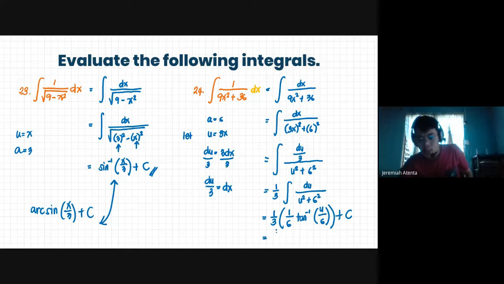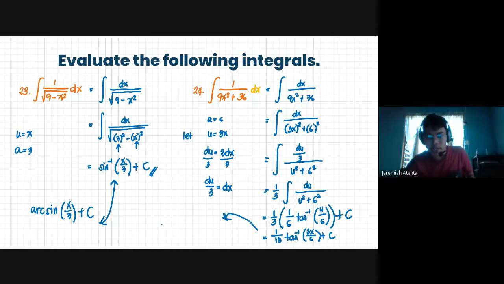Or this is just 1 over 18 tangent inverse of, our u is 3x, so you have 3x over 6 plus c. Or we can simplify it further here.